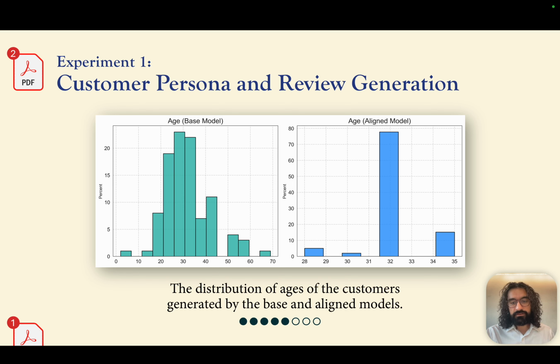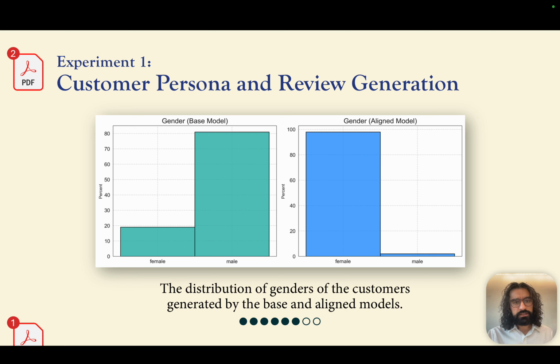It just really likes age 32, which just so happens to be my age. But yeah, it doesn't generate customers of different age groups. And also for gender, we see that the base model was biased towards males, but it still generated female customers, whereas the aligned model almost always generates female customers.